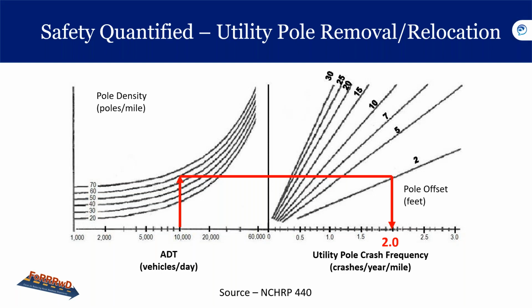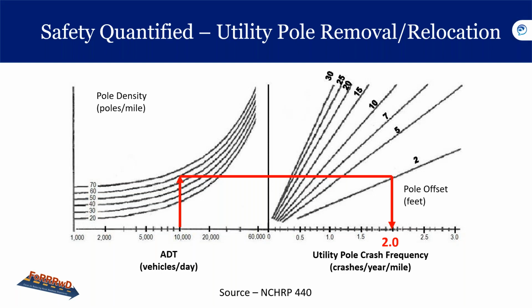If you can also move the poles back to 10 feet from the edge of pavement, then the frequency could be brought down to 0.4 crashes per year per mile. And the same prediction model could be used for street trees to predict the effect of offset and density on various average daily traffic facilities.